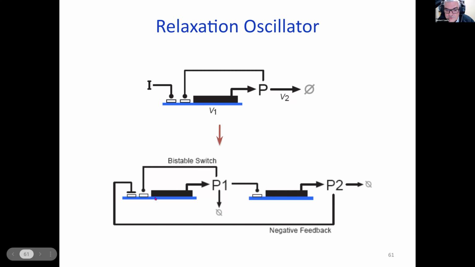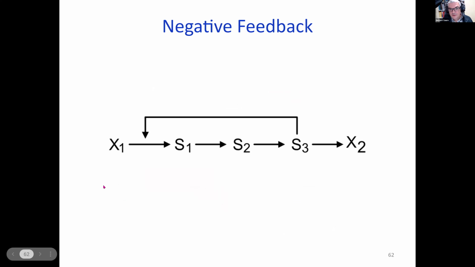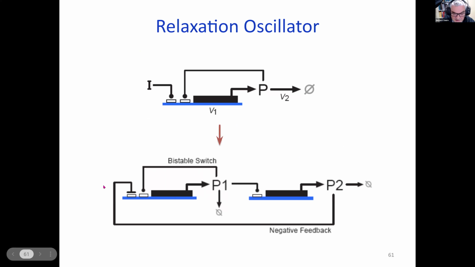So you have a bistable switch here connected to a negative feedback there. This thing will oscillate. I'll show you some real examples of this later on. So this is the basis of this kind of oscillator. It's called a relaxation oscillator, very common. And if you dig into it enough, you can sort of understand how it works.